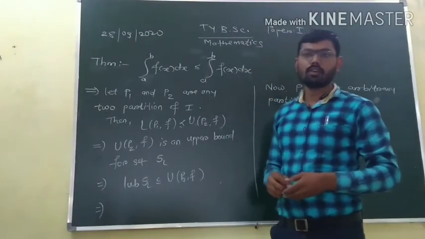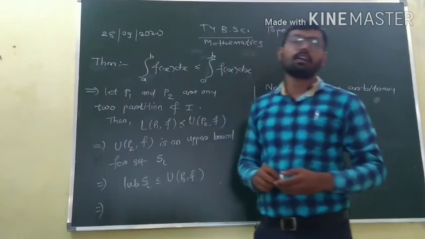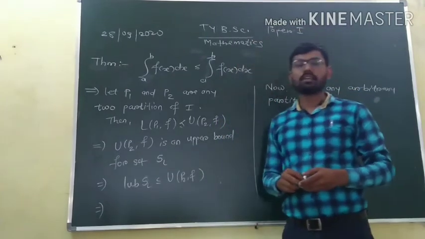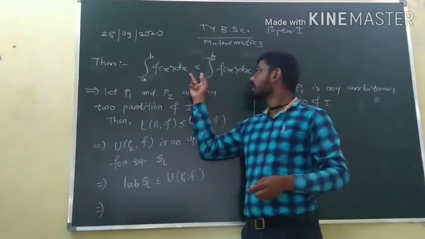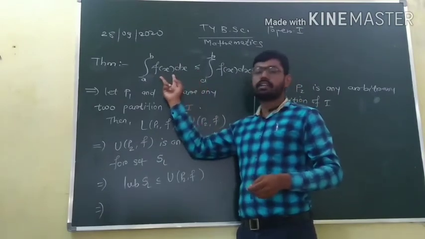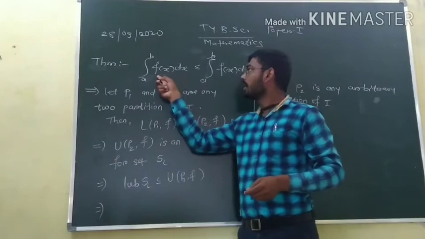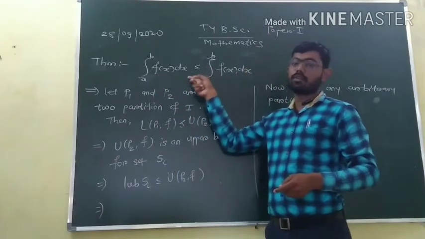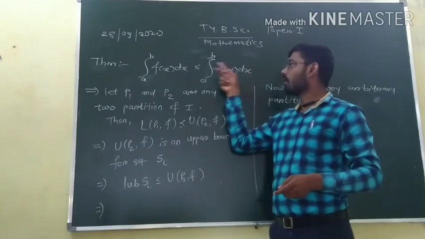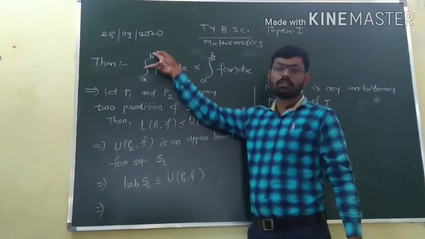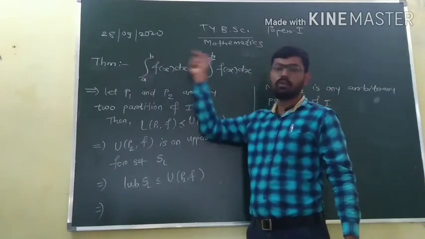Now we will see one theorem regarding the upper integral and lower integral. A very simple theorem. The theorem shows that the lower integral of any function is always less than or equal to the upper integral of that function over the same closed bounded interval a to b.